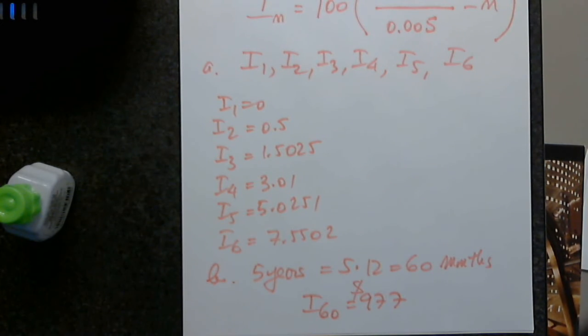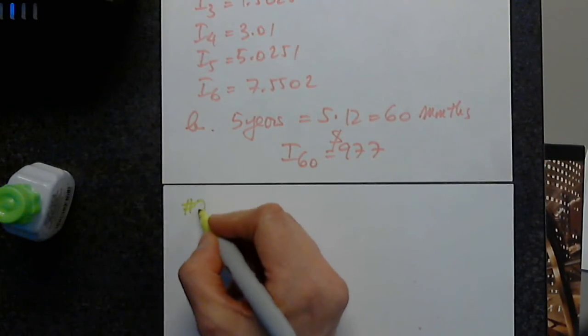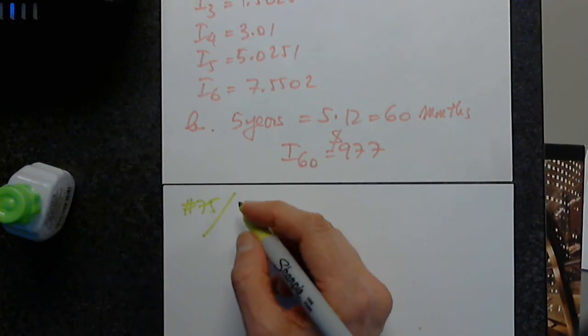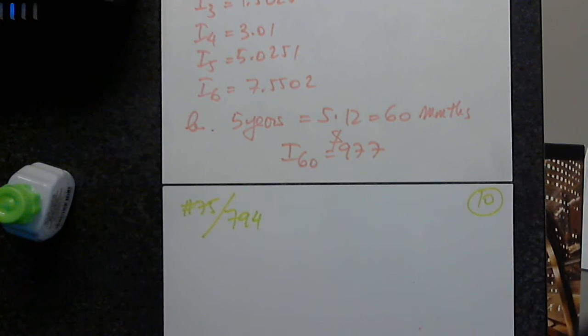We didn't have to use the sequence because it was not a recursive relationship. But if it's given as a recursive relationship, like, for example, problem 75, it's a different story. So let's look at 75 on page 794. Fish farming. A fish farmer has 5,000 catfish in his pond.